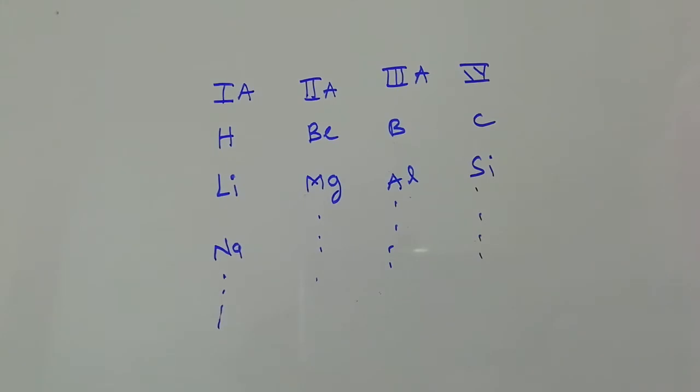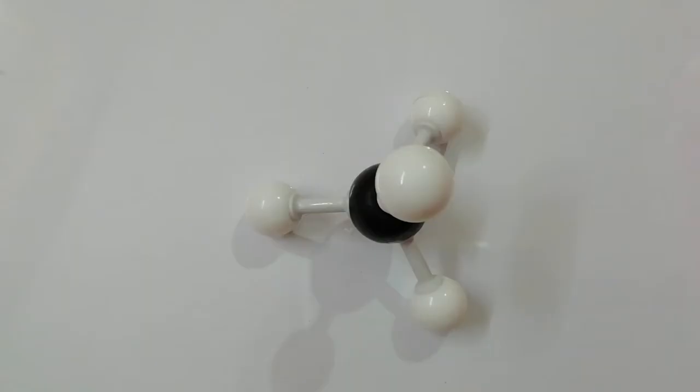So in the previous class we learned the definition of valency with suitable examples. In this session we are going to learn the valency of an atom of a particular element with a simple trick. To use this trick you need to learn from the periodic table.